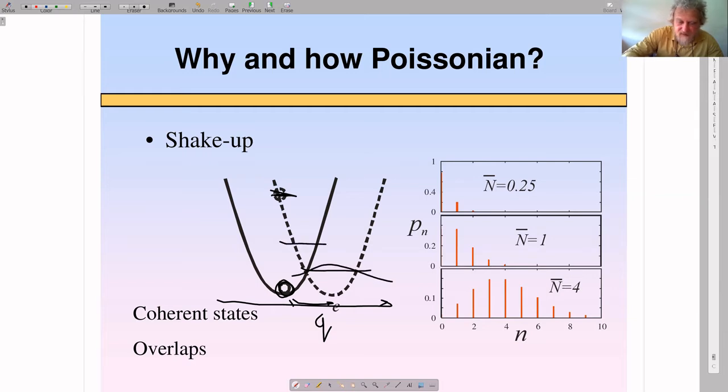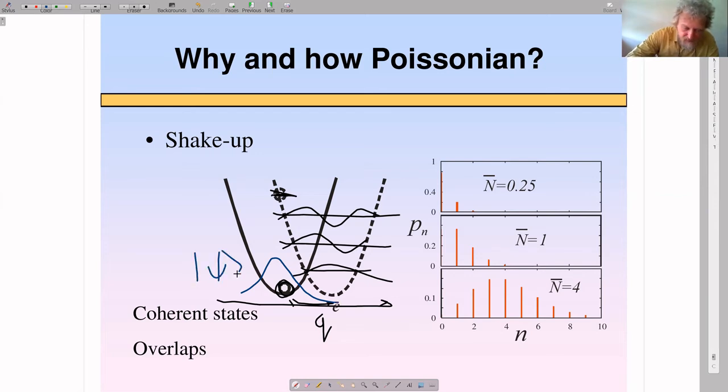If we quantize this oscillator, there will be a set of wave functions corresponding to different states, while the initial wave function of the oscillator is somewhere here. Okay? And probabilities are given by overlaps. Let me call this function psi, and let me call this function psi with numbers.